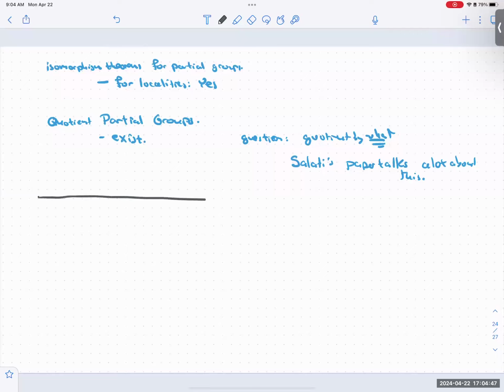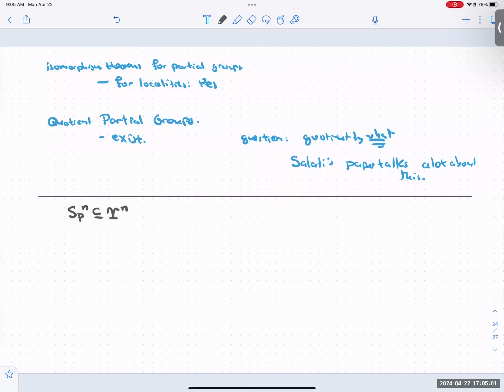So inside of upsilon n, there's a sort of spine. And I'm drawing this one way.